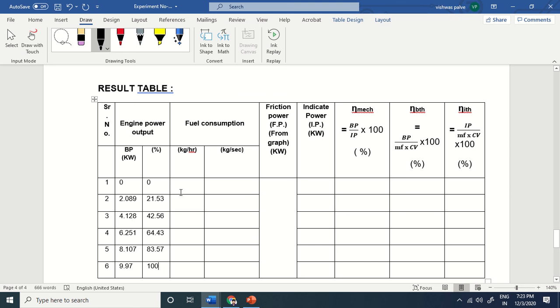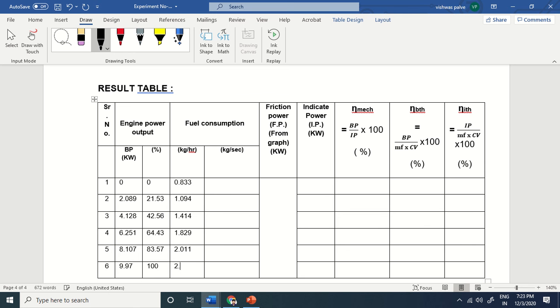on the engine. Similarly, the fuel consumption for the first reading is 8.33. We have to calculate for all the readings. Then for the second is 1.094, 1.414. You have to do the calculation for each reading, but in the lab manual you have to show only one sample calculation. No need to show each and every calculation.